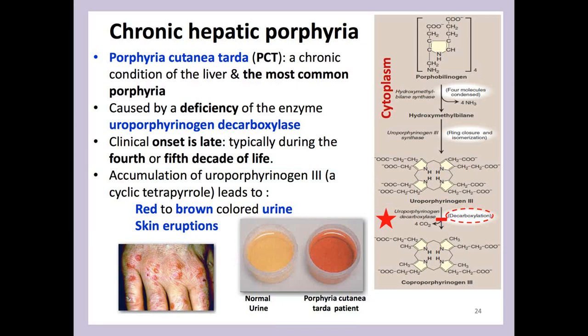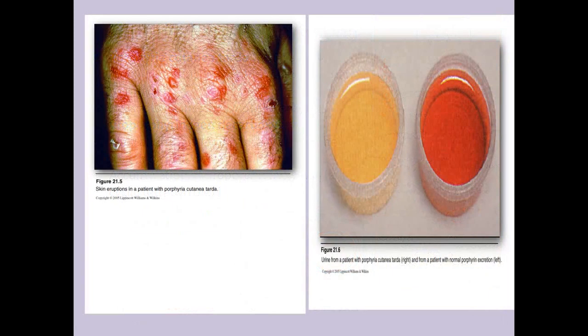Chronic hepatic porphyria or porphyria cutanea tarda, caused by the deficiency of the enzyme uroporphyrinogen decarboxylase, occurs late, in the fourth and fifth decade of life, and accumulation of this compound leads to red to brown colored urine and skin eruption. This is the usual presentation of a porphyria cutanea tarda patient.